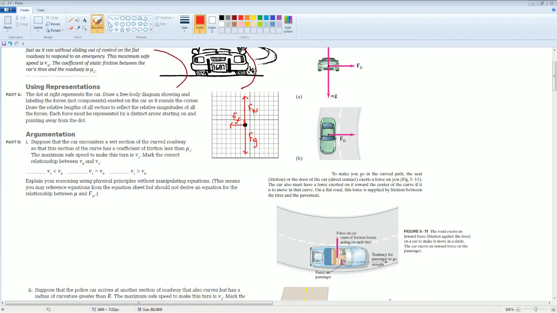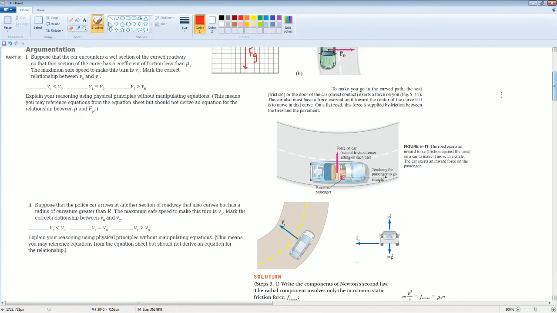So the first one, is the new velocity going to be less? Is the new velocity going to be the same? Or is the new velocity going to be greater? I want you to think about it in terms of the notes on the right hand side here. Let me read it to you. To make you go in a curved path, the seat or the friction or the door on the car, which is directly in contact, exerts a force on you.